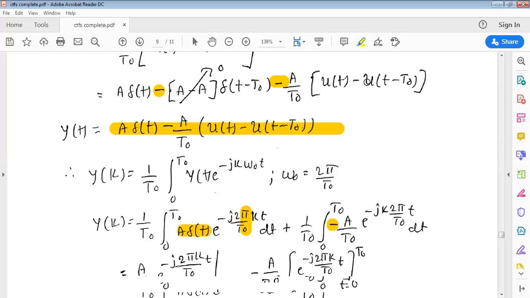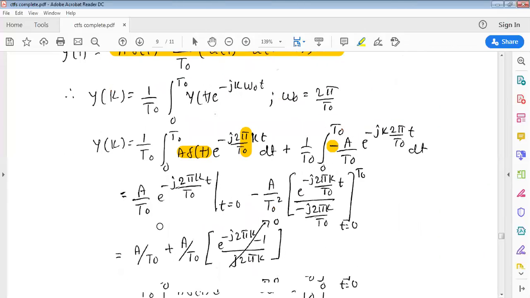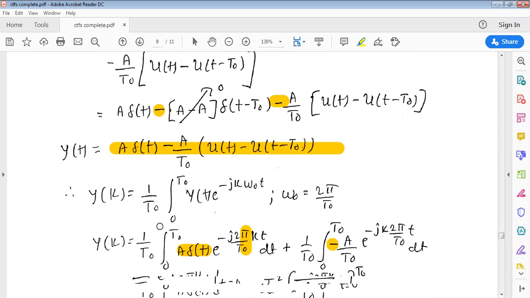And this gives me, once again I'll tell you, this function u of t minus t naught will generate a value of 1 between the limits 0 to t naught. That's why this value is not taken into consideration.